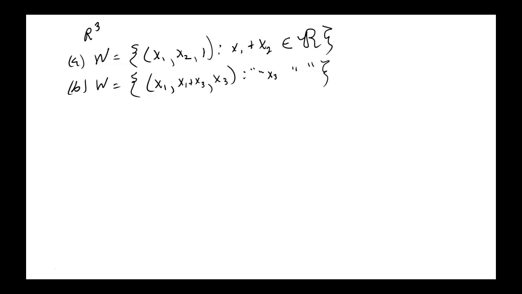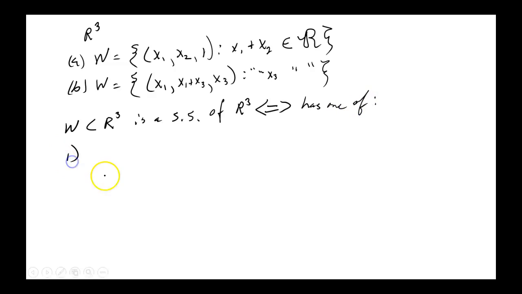Okay? So now there are 4 conditions for R3. I'm going to leave this up here. You can show that a subset W of R3 is a subspace of R3 if and only if it has one of the following. 1.